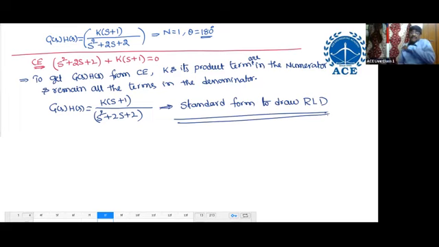That's all. Next, one question we'll draw on the root contour on this topic. Then we'll start the frequency domain.